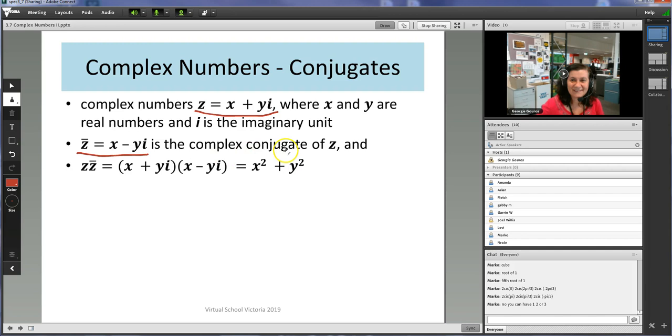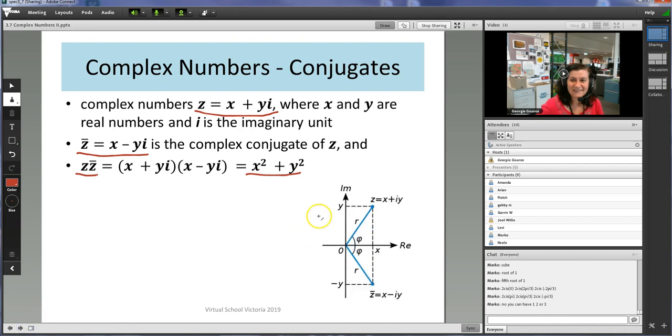That's the conjugate of the complex number z. When we multiply, if you recall, the complex number by its conjugate, we end up with a real. Okay, we're going to use this. You just need to remember that. And that's what it looks like when we put them on an Argand plane. We've got our complex number, and its conjugate is just a reflection of that number in the real axis.